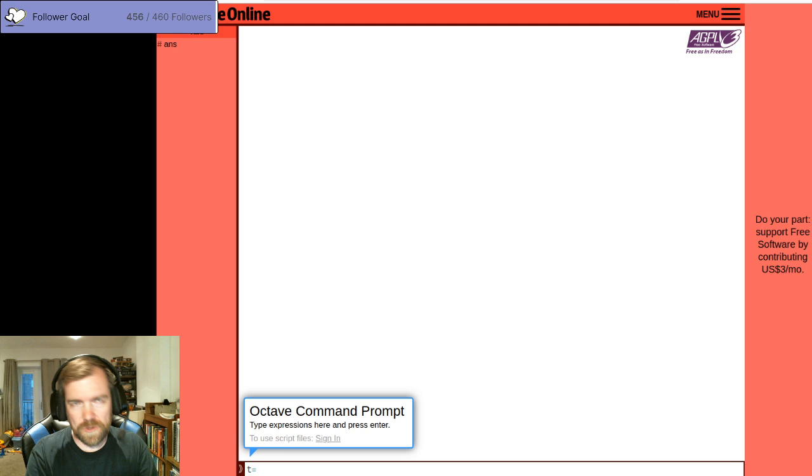So first we're going to say we want our t values to go from 0, our starting value. We did 0.1, and then let's just go to 2.